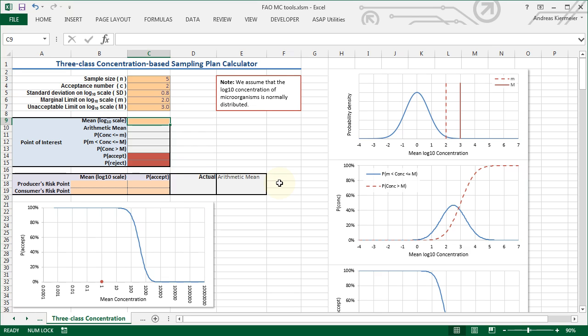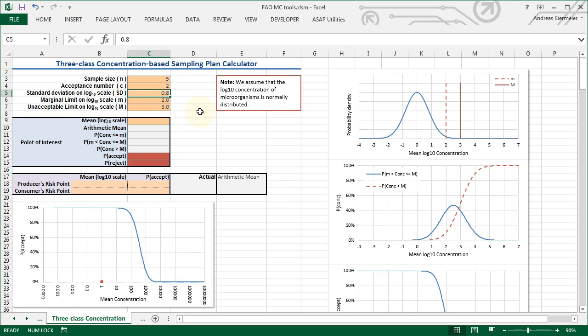So let's now have a look at how we can develop a sampling plan from a statistical basis that meets a consumer's and producer's risk points. First, we need a reasonable estimate of the standard deviation.